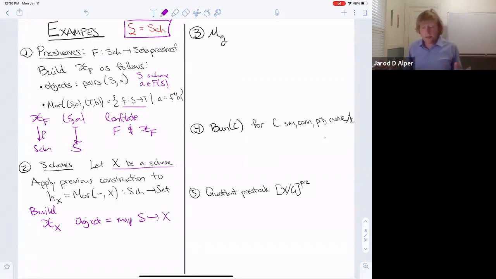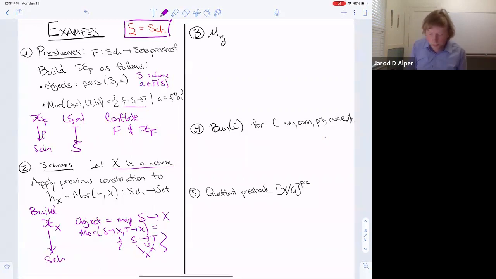It's maps from all schemes to X. And then a morphism, say from S to X, T to X, is going to be the data of a morphism from S to T over X, so that this diagram commutes. And so this gives us a prestack over the category of schemes, where this gets mapped to S.